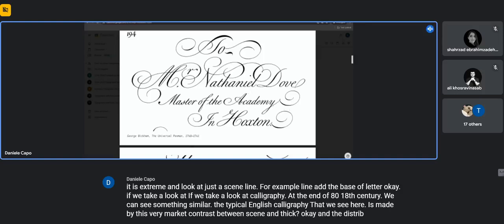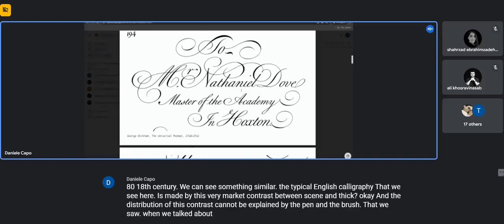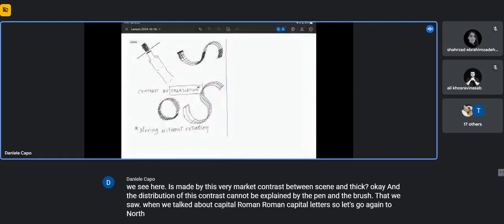And the distribution of this contrast cannot be explained by the pen and the brush that we saw when we talked about Roman capital letters. So let's go again to the board.